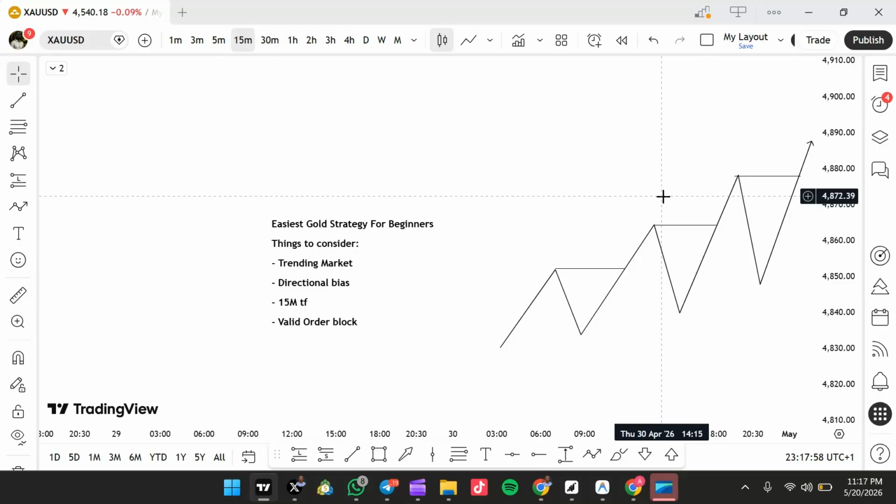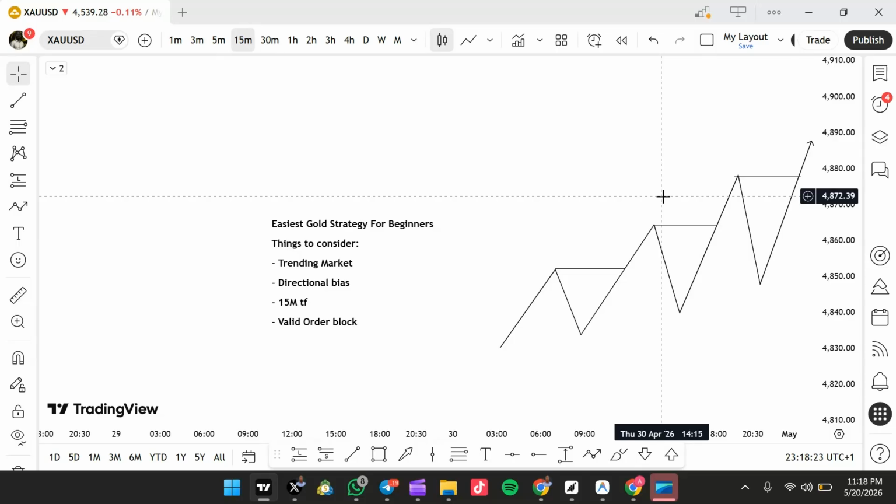Avoid going against the trend of that market, because the reason why many beginners fail is that they try to go against the main trend of the market. Let the trend be your friend. Always go in line with the trend, because the trend is your friend.